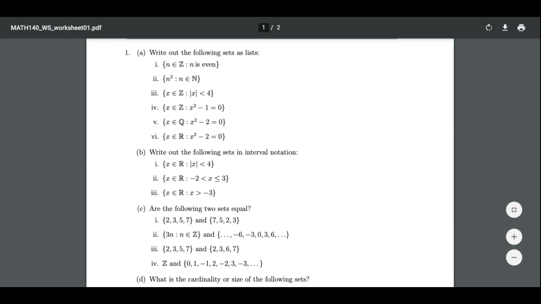Nino says -3, -2, -1, 1, 2, 3. Maria says 1, 2, 3. Nino also says -3, -2, -1, 0, 1, 2, 3. I would agree with Nino.